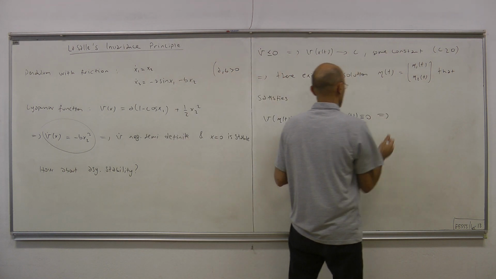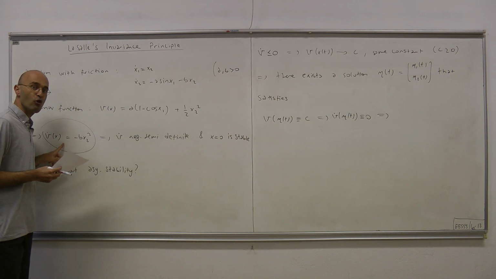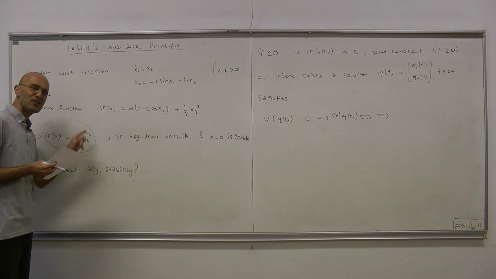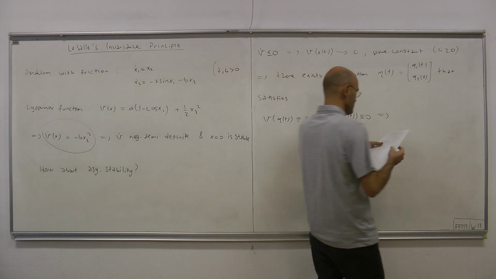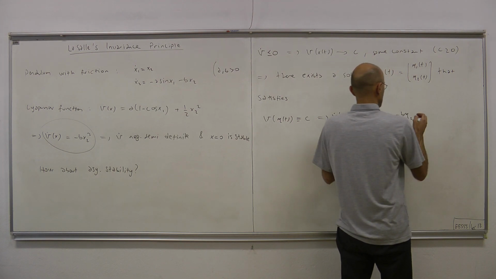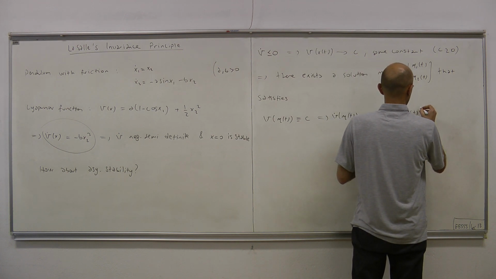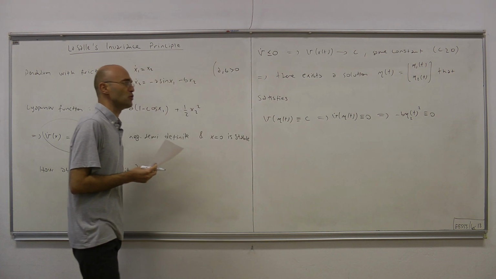Now let's remember what v dot was. V dot is minus b times the second state component's square. Therefore minus b eta 2 of t squared is identically zero for all times.